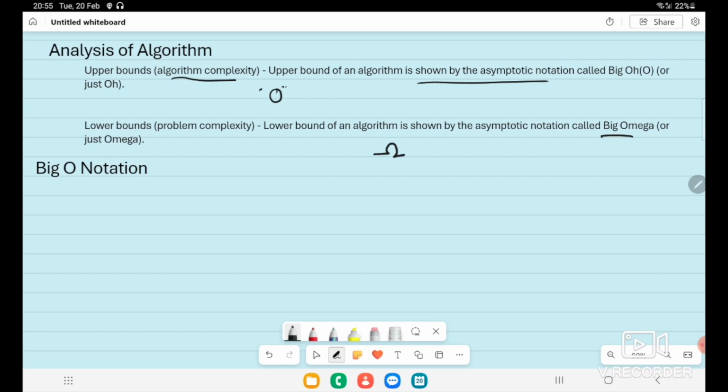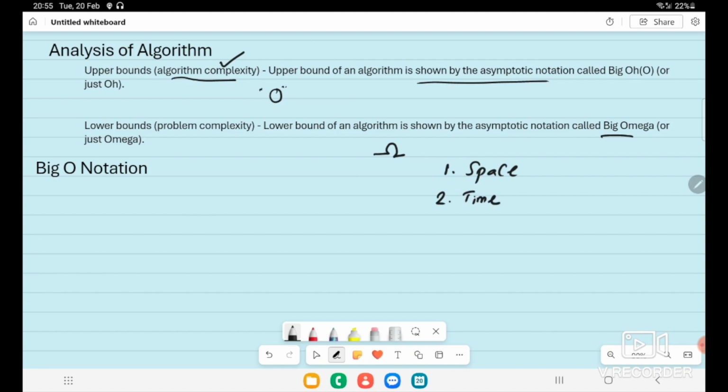Now we are interested in calculating the complexity of the algorithm. The complexity of an algorithm has two types: the first is the space complexity, and the second is the time complexity.